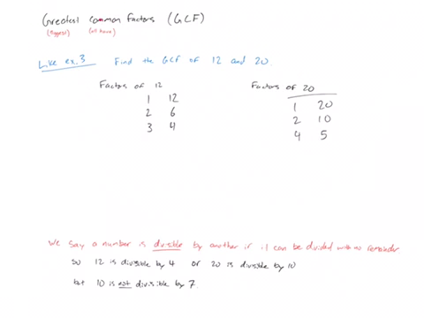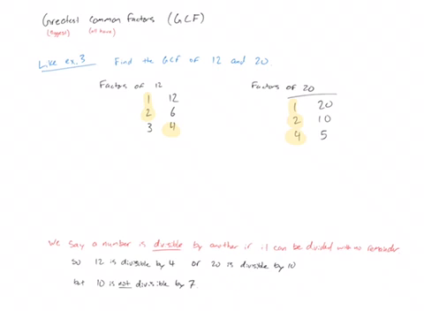First let's look at the word common. Which ones do they have in common? I'm going to highlight them here in yellow. They both have the 1 in common. They both have the 2 in common. They both have a 4 in common. Anything else? 3 from the left is not on the right. 6 and 12 from the left are not on the right. And the 5, 10, and 20 on the right are not on the left. So I have 3 common factors.